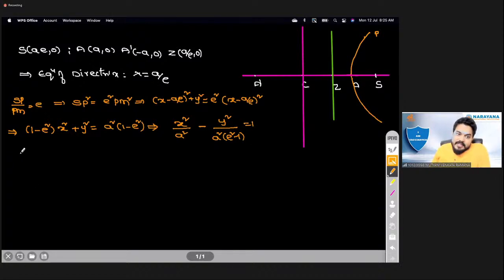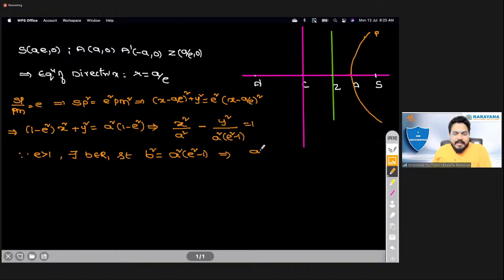Why, I'll tell you. Since E is greater than 1, there exists B belongs to R such that B square is equal to A square into E square minus 1.